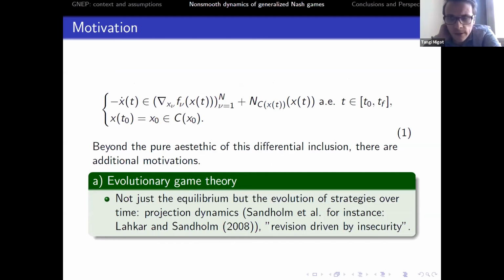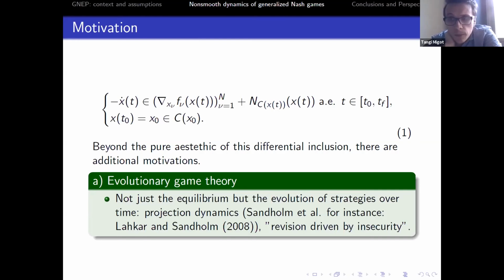The first one is very natural, actually. So studying the solution x might have some meanings depending on the application. And the obvious one is in evolutionary game theory, where people are not just interested in the equilibria, but also in the evolution of the population over time.